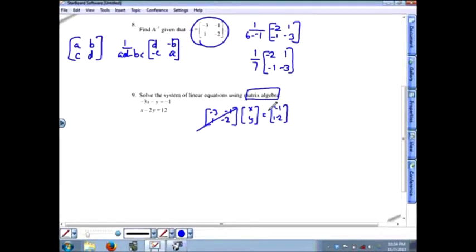We'd have to multiply it by the inverse to the left side here. So the matrix xy is equal to this inverse matrix we already found, 1/7, so negative 2, negative 1, 1, negative 3, multiplied by this matrix, negative 1, 12. Now I would recommend that you multiply the two matrices together first and then times by the 1/7.